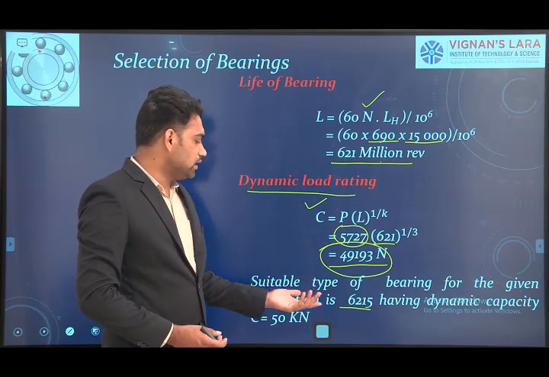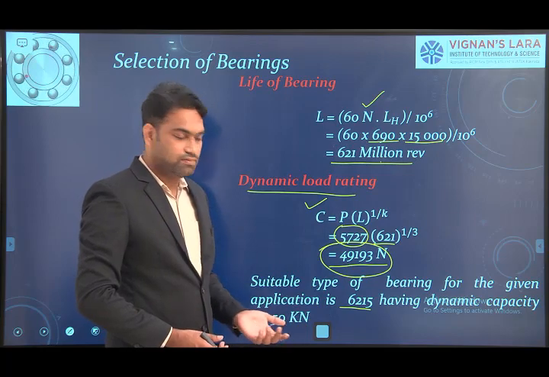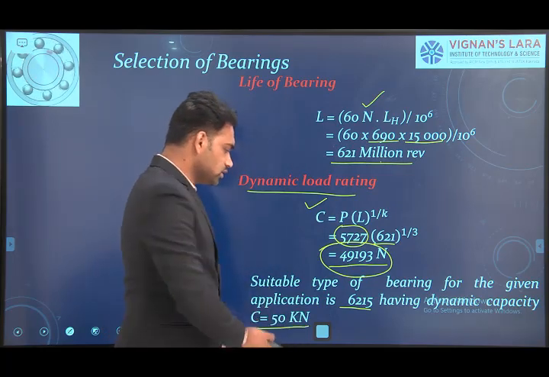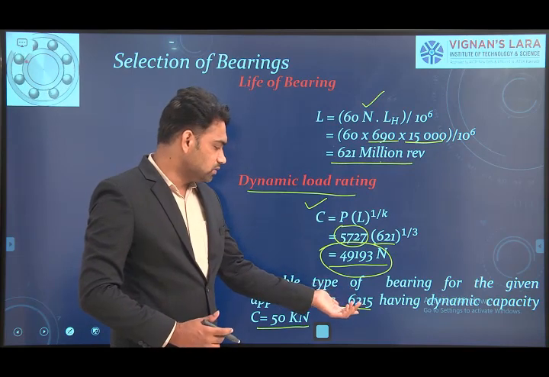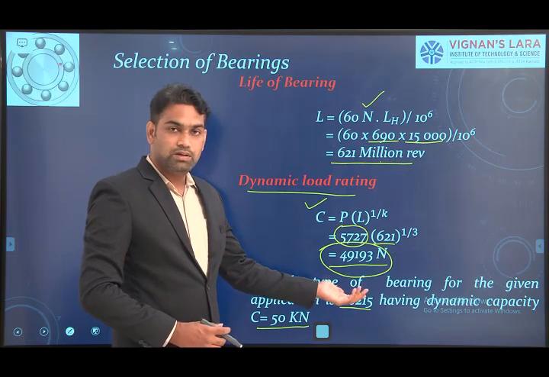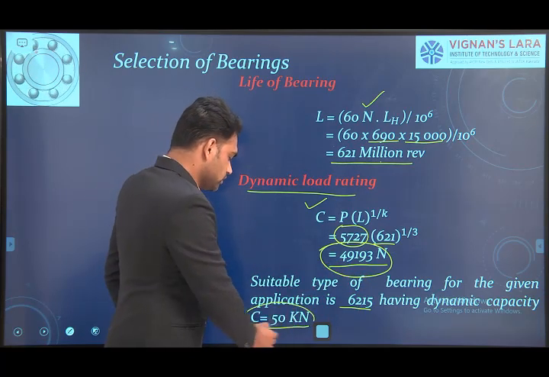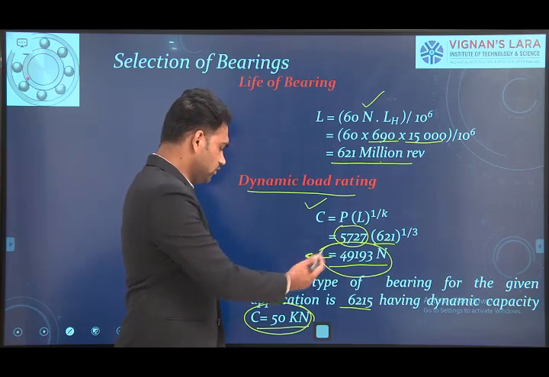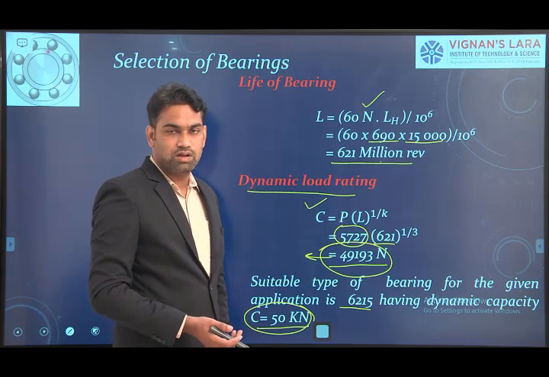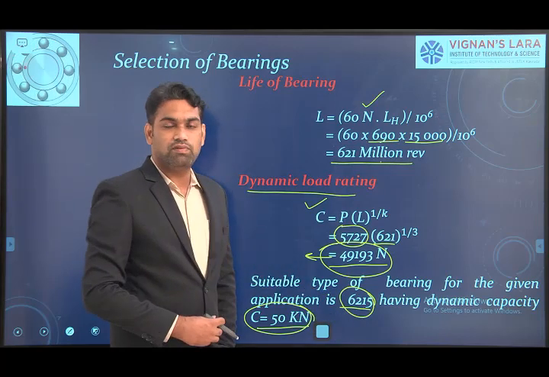For the 62 series I can observe a capacity of 50 kilonewtons with a bore diameter of 75 mm. So 6215 has 50 kilonewtons of dynamic capacity, while our calculated value is only 49.19 kilonewtons. So the selected bearing 6215 is very much suitable for our application.